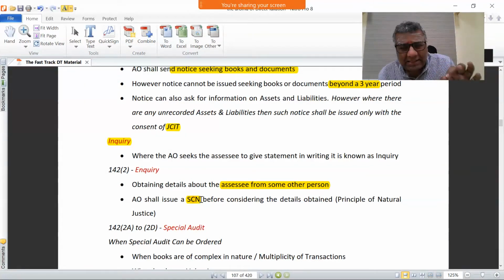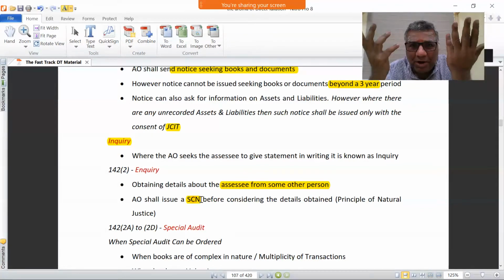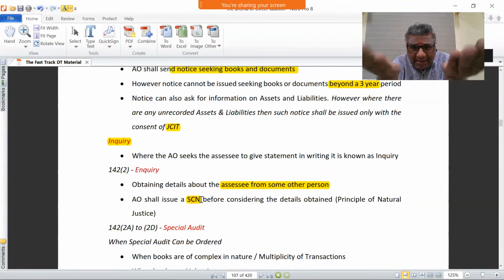Show me a reason why I should not increase your income by 20 lakhs, levy tax on it and interest penalty on it. A show cause notice will be issued. What is the word? Show cause notice. That is what is principle of natural justice. Show me the reason. I'm giving you an opportunity. Show me a reason why I should not consider this income.